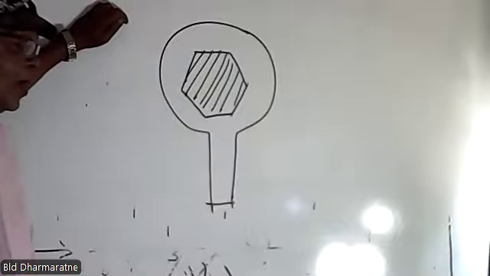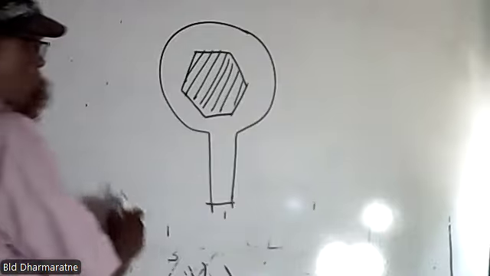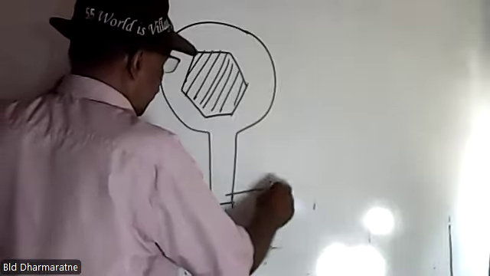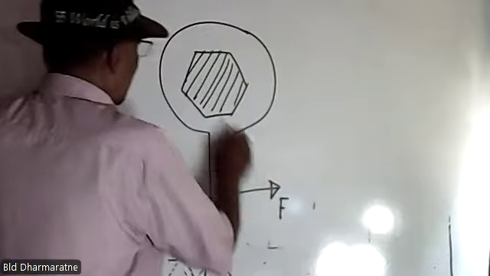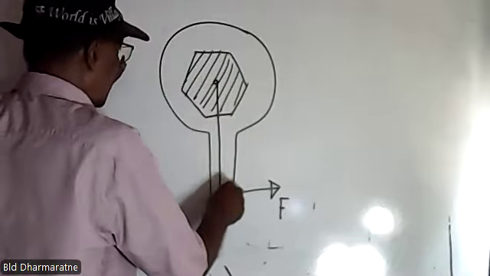Now we want to remove the nut. Normally a nut is removed in the anti-clockwise direction. If we apply a force F here, and the distance from the axis to here is R, then we take the moment.